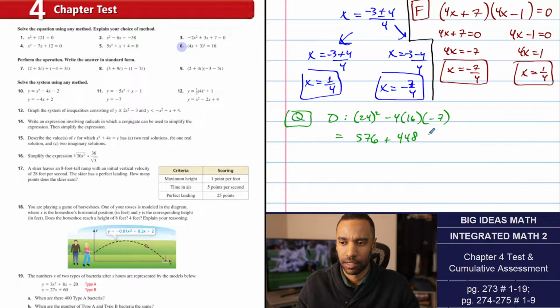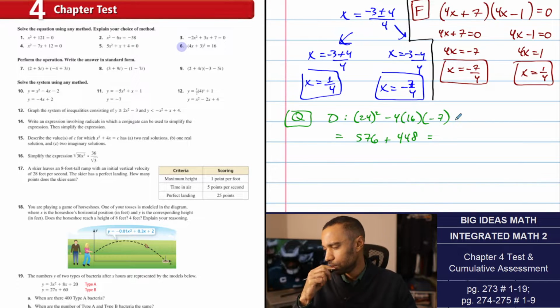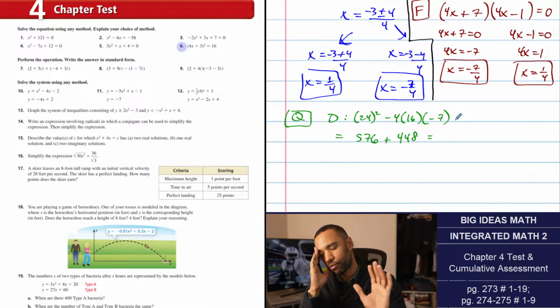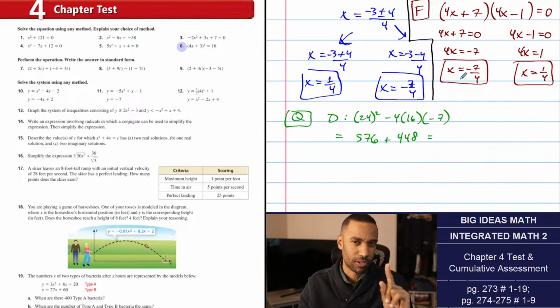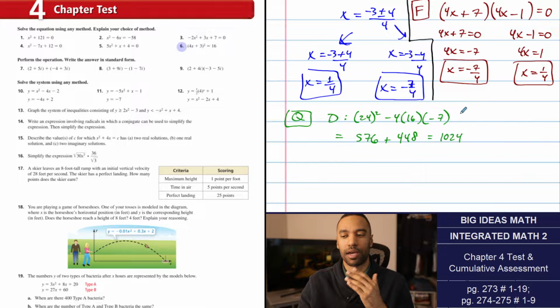I don't know if that's right, but I'm going to say 448 for now. 576 plus 448 is 1,024, which I think is a perfect square of 32. Okay, I'm going to go off that.